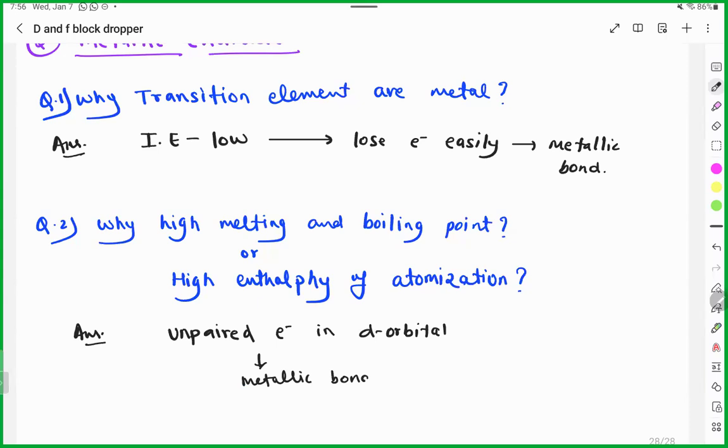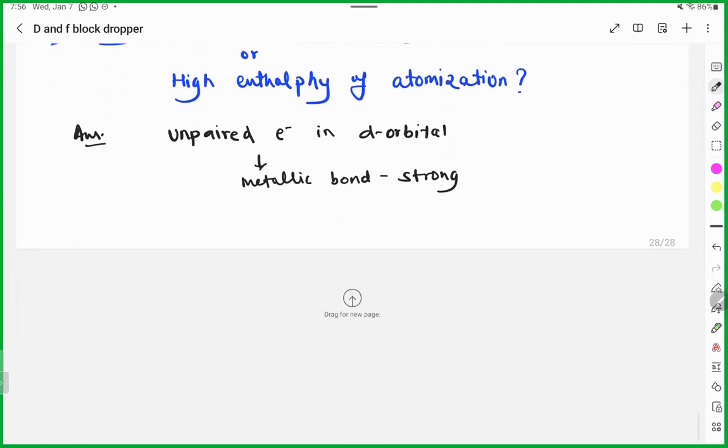Same thing we discussed in the last point. In low ionization enthalpy, they lose electrons easily and form a metallic bond. More unpaired electrons, they can lose electrons, and that's why a strong metallic bond. And if the metallic bond is strong, then there will be high melting point and boiling point. Got it?